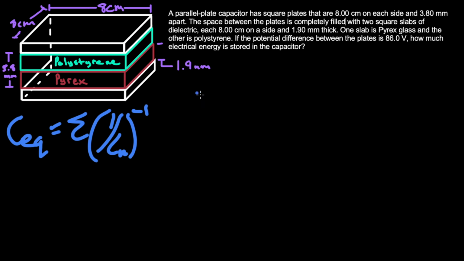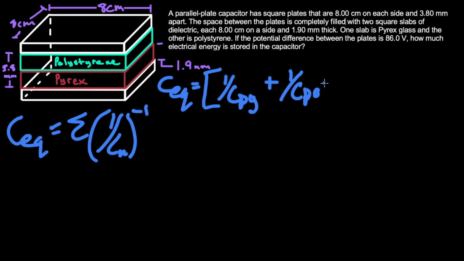And so we're going to need to write that the equivalent capacitance is equal to 1 over the capacitance of Pyrex, which we'll just denote with Py, plus 1 over the capacitance of the polystyrene, which I'll just denote with poly, all inversed, right?